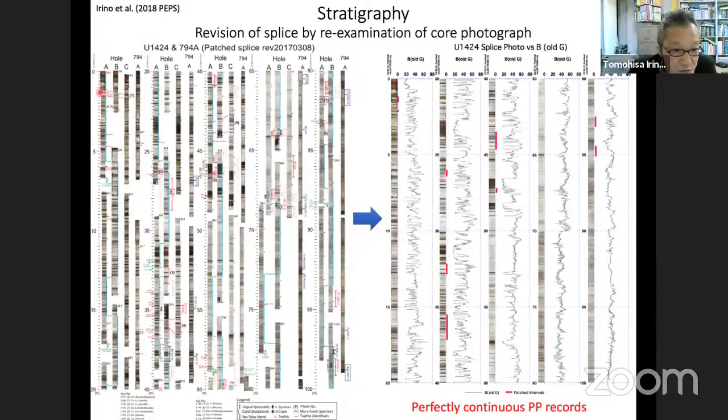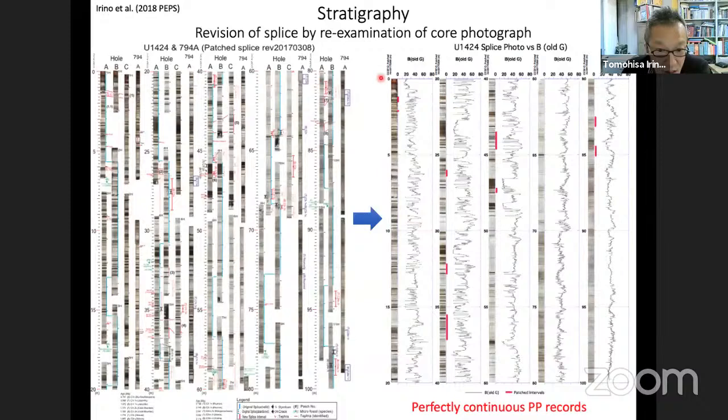Thanks to these frequent dark-light cycles, we can fill all the core gaps with the sequence in another hole to make a perfectly continuous splice, with a precision of millimeter to centimeter, with correlation accuracy of centimeters, because these dark-light cycles are on a 10 centimeter scale frequency.